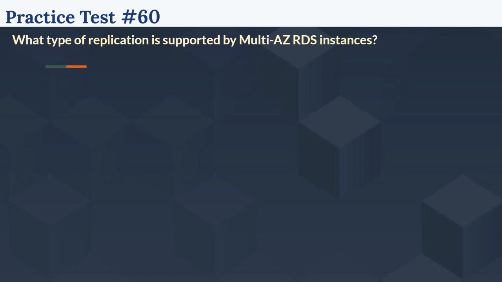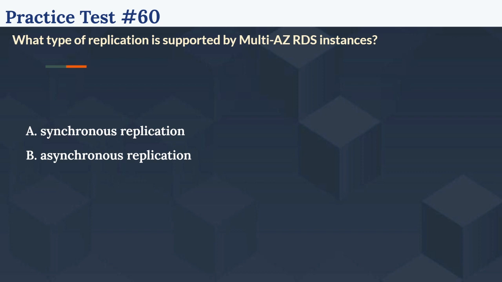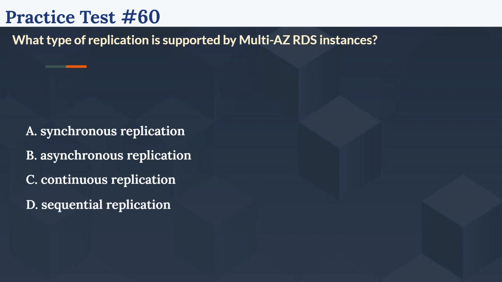The 60th question is: what type of replication is supported by multi-AZ RDS instances? So the options are: Option A, synchronous replication. Option B, asynchronous replication. Option C, continuous replication. Option D, sequential replication.